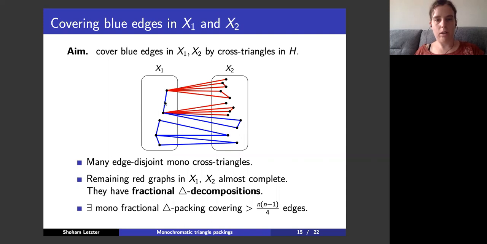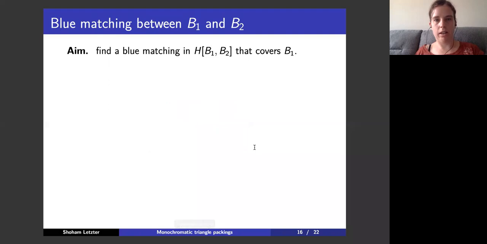Okay, so just to summarize, I now showed that these blue edges in X1 and X2 can be covered by disjoint blue cross triangles. Okay, now my next aim, and soon I will show you how I can put them together.